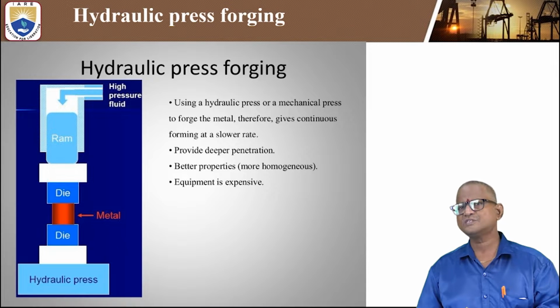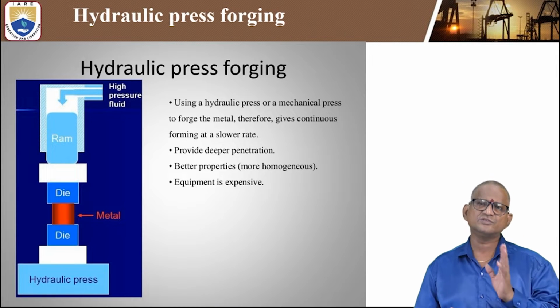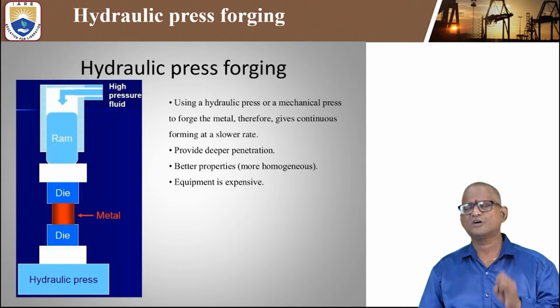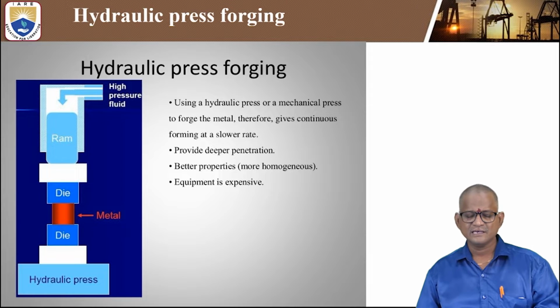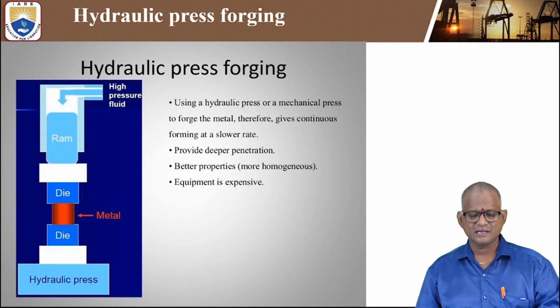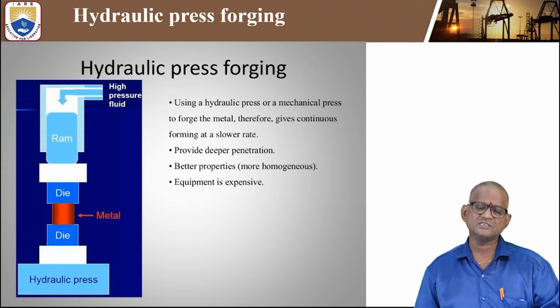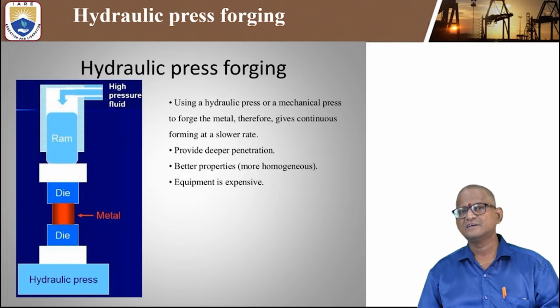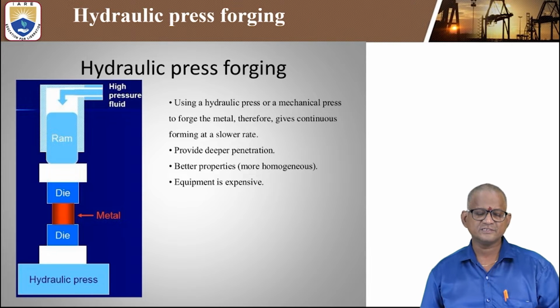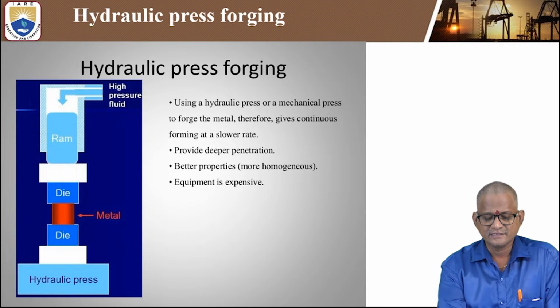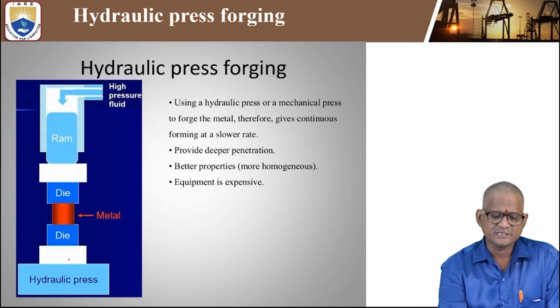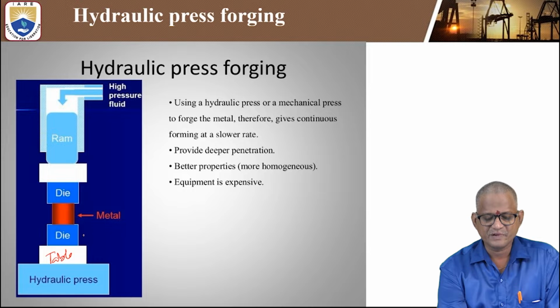In this forging operation, generally we perform two things: one is the hot forging operation, the second is the cold forging operation. Let us see the working of a hydraulic press and how hydraulic press forging can be done. In this diagram you can clearly understand: this is a hydraulic press and this is the table, and above the table there will be a die.